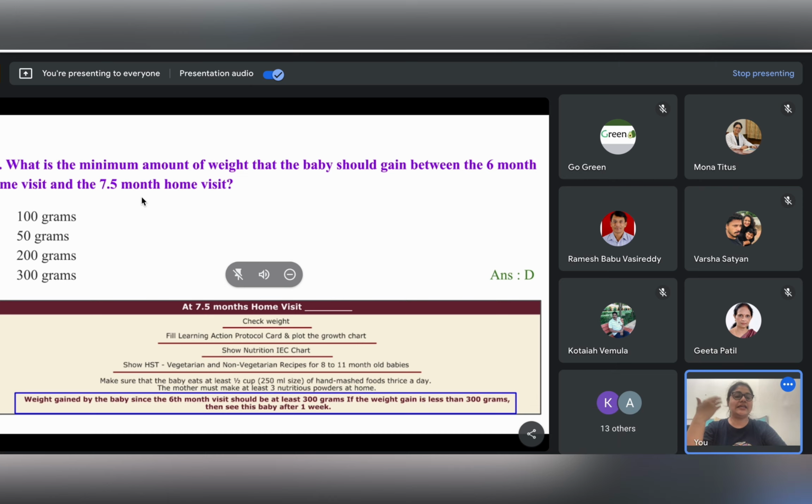So please keep telling yourself the amount of food, the consistency of the food and the frequency of the food. These three are important. Based on age, what are this amount, consistency and frequency? Based on this, the ideal weight gain for a child of 7.5 months from 6 months should be around 300 grams, right? So yes, the correct option is option D, 300 grams.